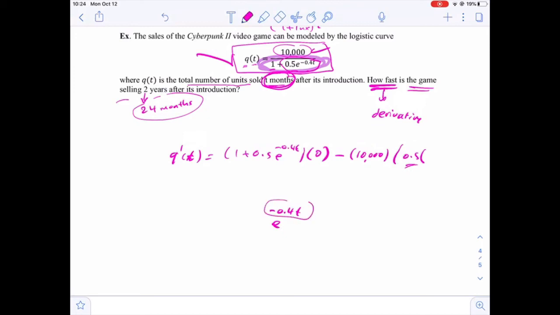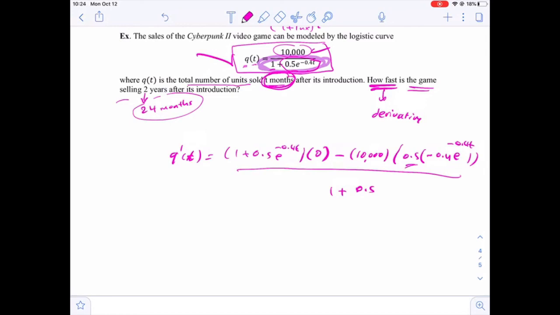And then what is derivative of the exponential function? Derivative of the power negative 0.4 t is just negative 0.4 times the same exponential function. Okay, this is derivative of the denominator all over denominator squared.